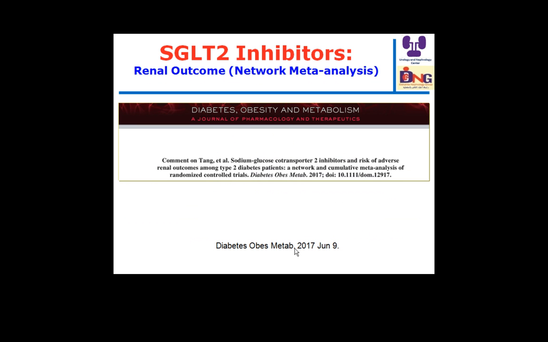These are very interesting comments about the study published by Tong et al. about sodium glucose cotransporter 2 inhibitors and the risk of adverse renal outcomes among different drugs, using network meta-analysis. There is some problem with the use of network meta-analysis, because the conclusion was that some members of the class may worsen kidney function.